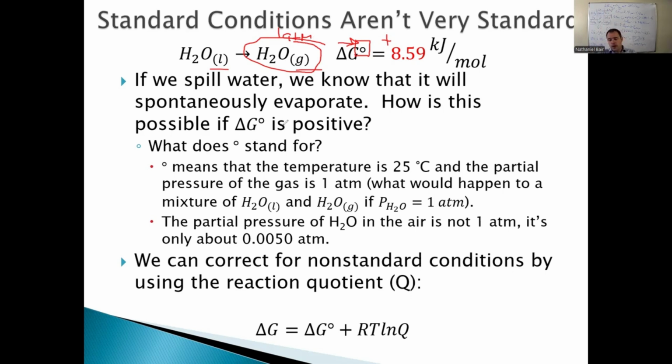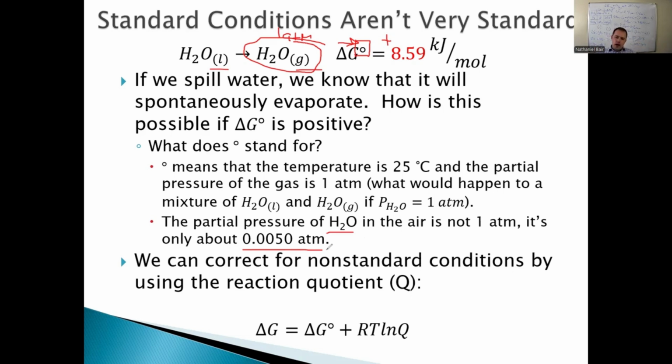If you look it up, it varies depending on the humidity, but on average, the partial pressure of water in the air is only about 0.0050 atmospheres. It makes up a very small percent of the air that we breathe in, right? Now, if you have humidification or dehumidification or whatever, that can change. But on average, it's about 0.0050 atmospheres.